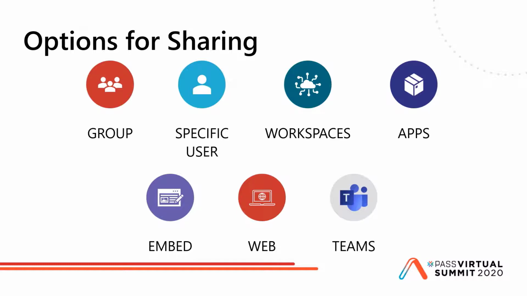But sharing that PBIX file isn't really supported, and it's not supposed to be a sharing option. Power BI Desktop is designed to be a design tool for Power BI service. It's not meant to be a tool to create reports and then share them with that PBIX file.